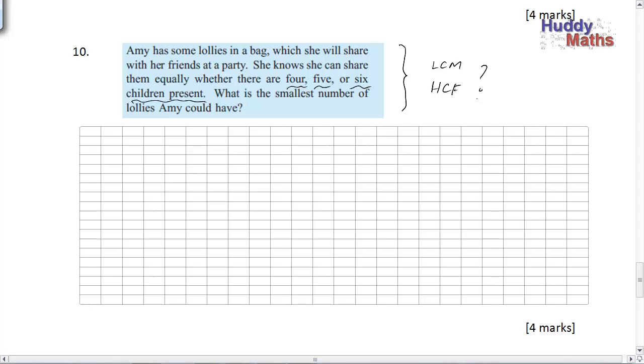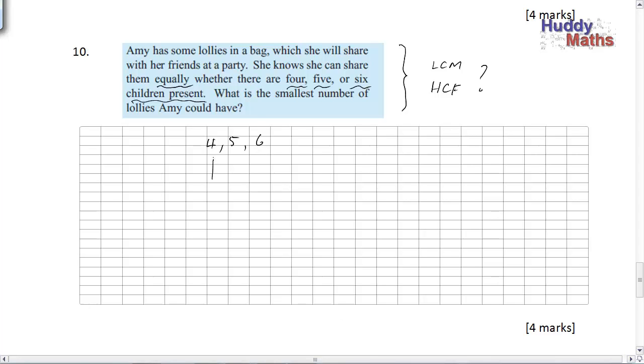So let's see if we can apply our ideas of those things to this problem. So we have the numbers 4, 5 and 6. And we want those people to get the same amount of lollies, equally. Okay, so we need the same number.